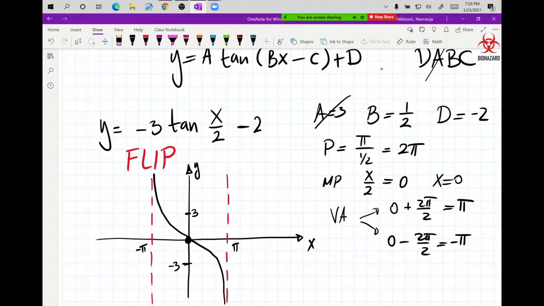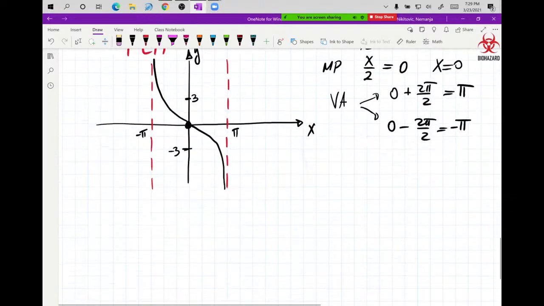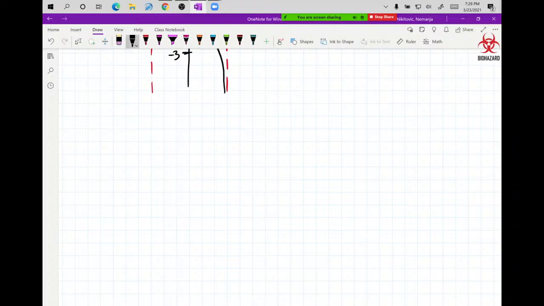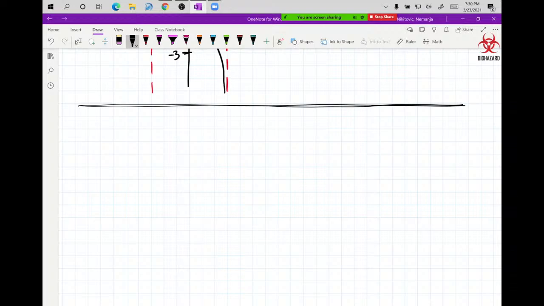So I'm going to give you a tangent graph, and then we'll talk about the cotangent, which actually has something that no other trig function has. So it's like 1 versus 5, right? But before we get to that one, let me put one of these tangent functions for you to try.